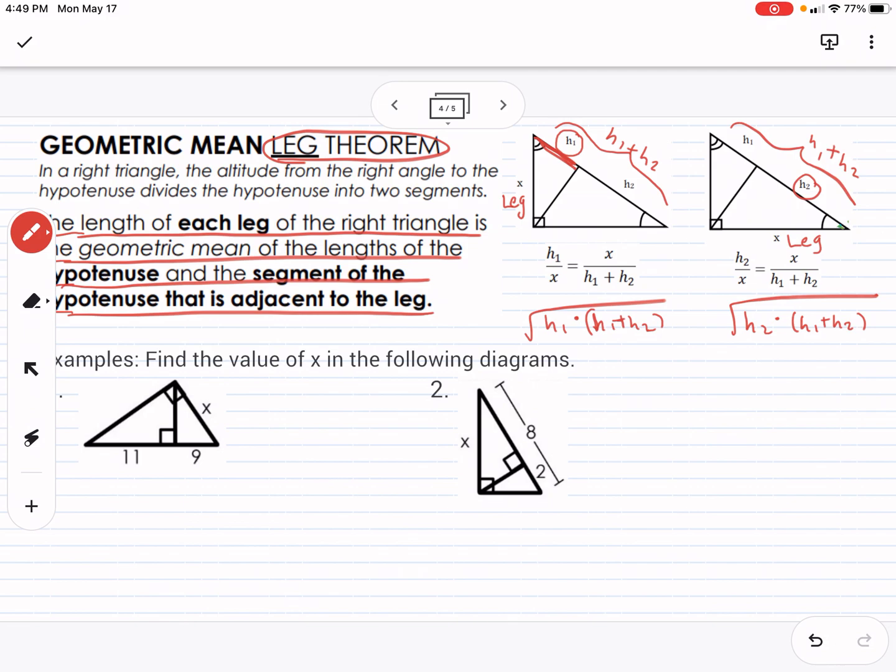So here, x is a leg. It's touching piece 9. And I'm going to multiply that times the whole hypotenuse. 11 plus 9 is 20.